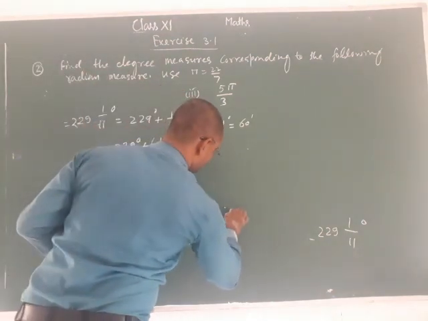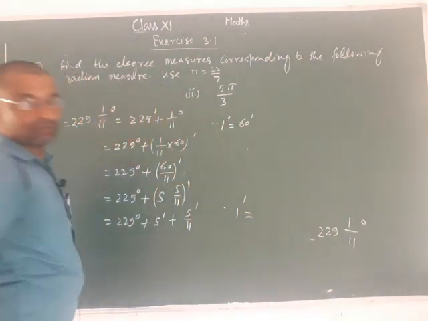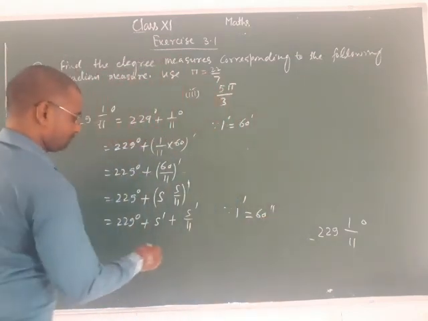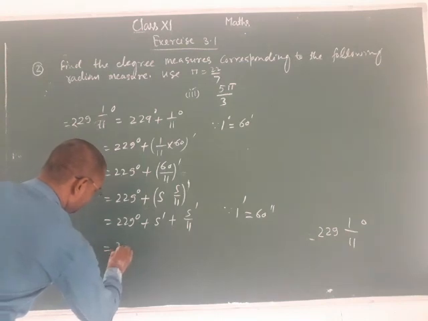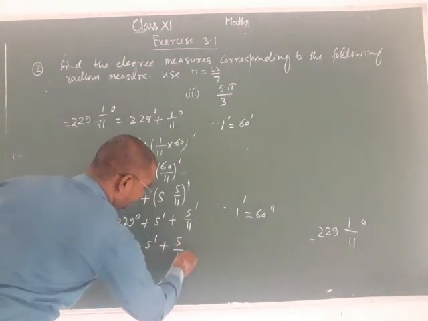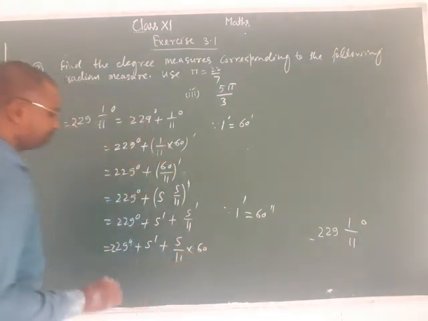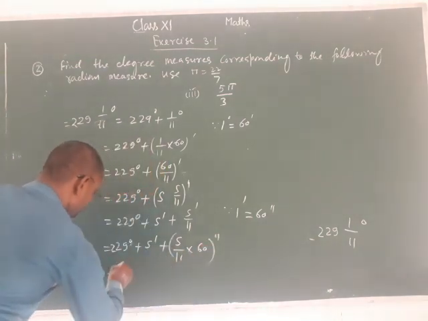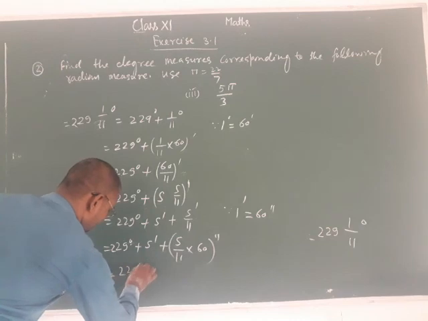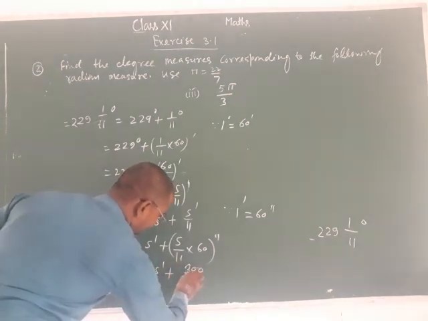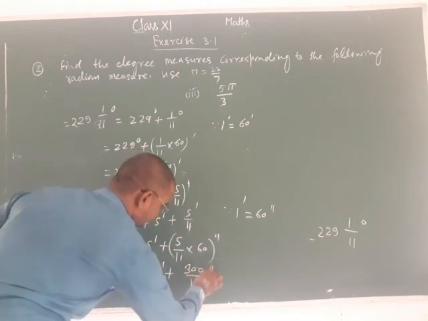Since 1 minute is equal to 60 second, change again: 229 degree plus 5 minute plus 5 upon 11 into 60, which is 229 degree plus 5 minute plus 300 upon 11 second.